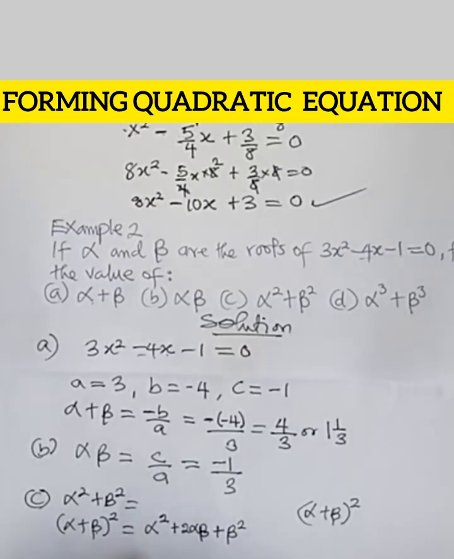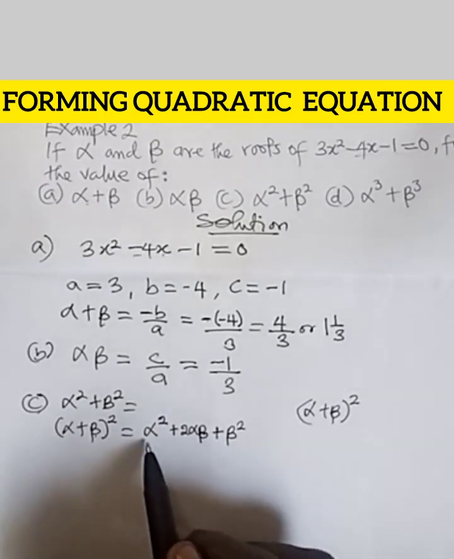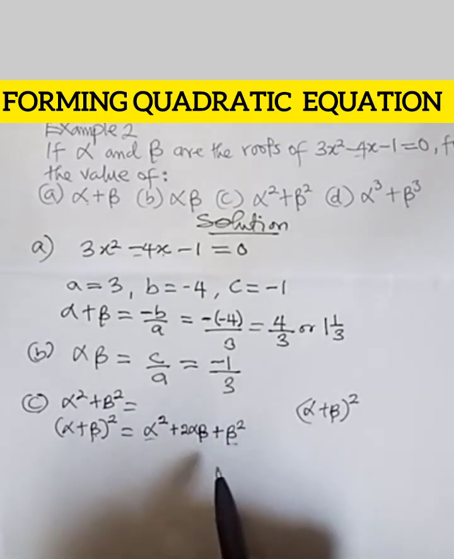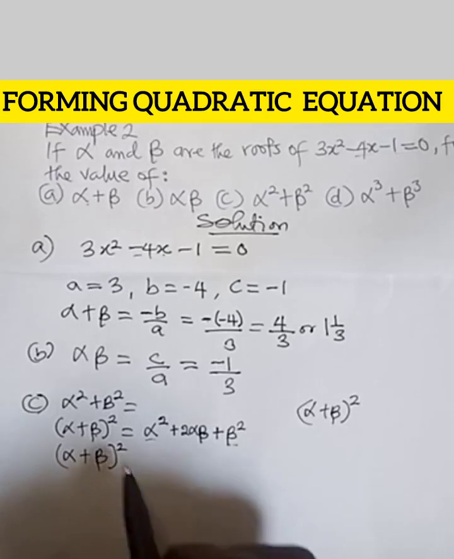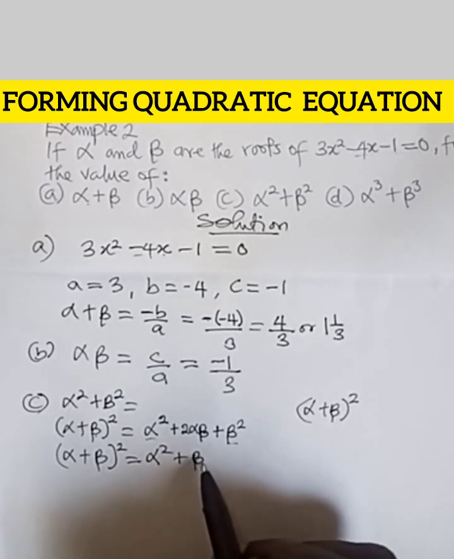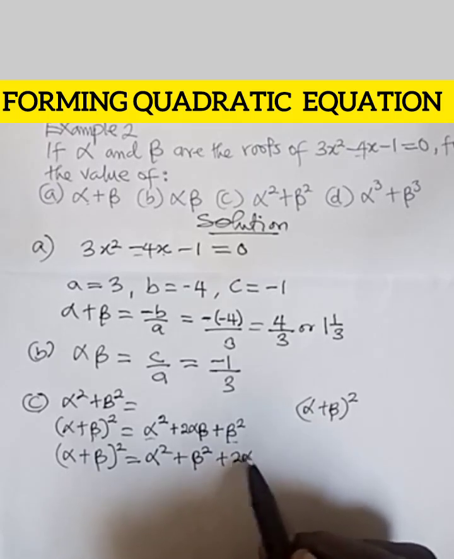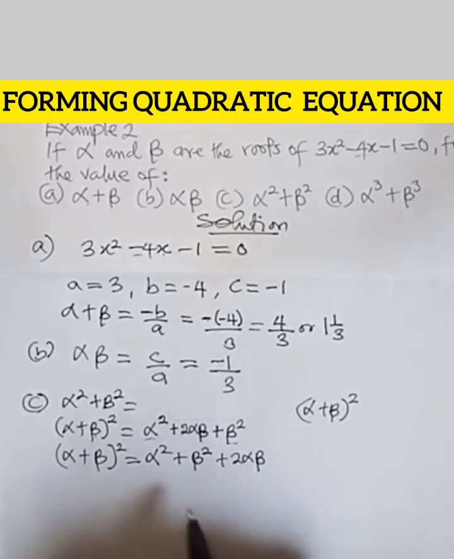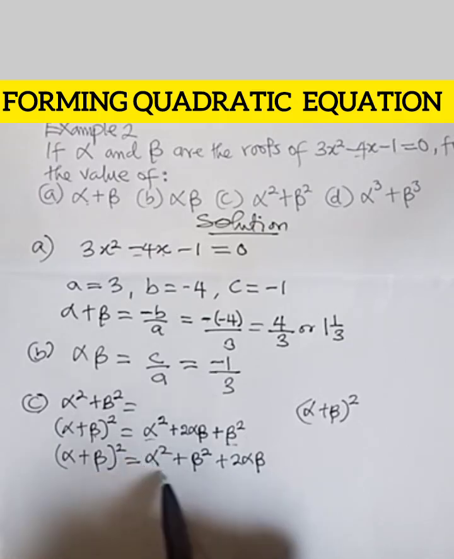Now from here we need to make alpha square plus beta square the subject of the formula. We already see alpha square here and beta square here, so let's bring them together. Alpha plus beta all square is equal to alpha square plus beta square plus 2 alpha beta. Now let's make alpha square and beta square the subject, that means let only this remain here.